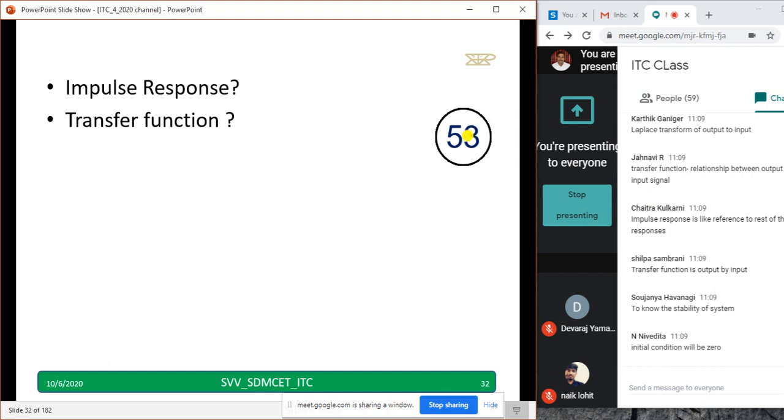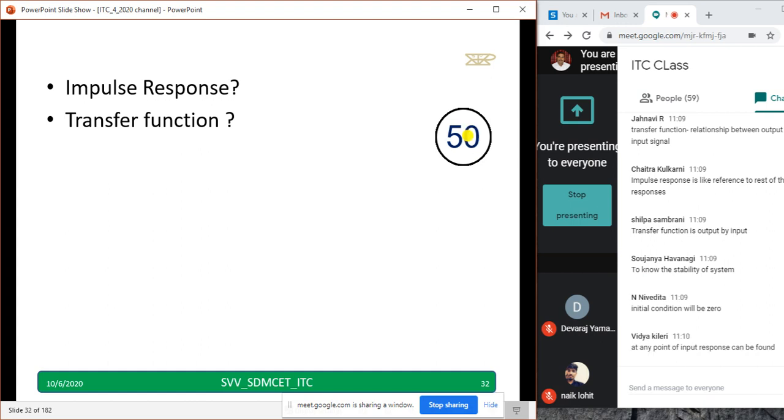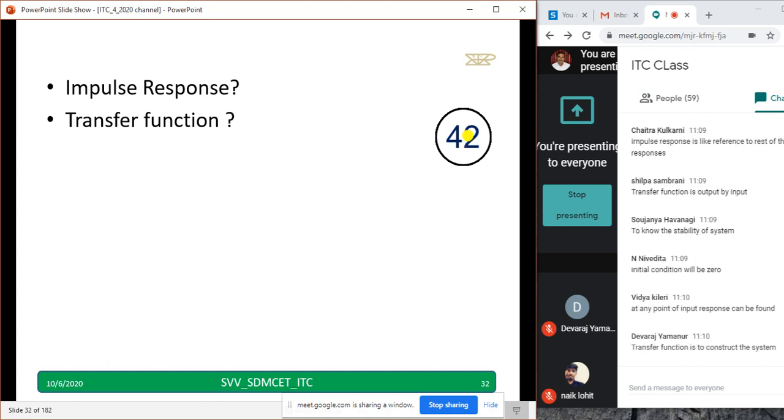That shows you have not understood anything. At any point of input, response can be found. Vidya Kulkarni is telling a little bit, not the complete answer I expected. Devaraj, transfer function is to construct the system. Okay, Devaraj is telling some answer. What I expect from you people is a complete perfect answer.